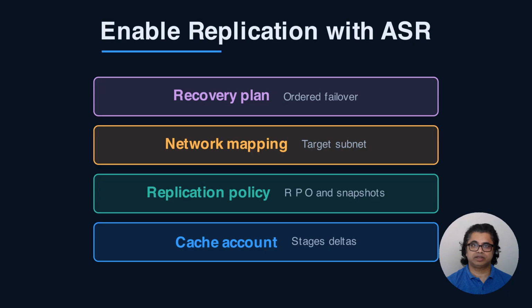You define a replication policy with your recovery point retention and how often app-consistent snapshots are taken. Initial replication seeds all the data, then it switches to continuous delta replication. Critically, you build a recovery plan that groups machines and adds ordered steps and scripts so a multi-tier app fails over in the correct sequence, database before app before web.